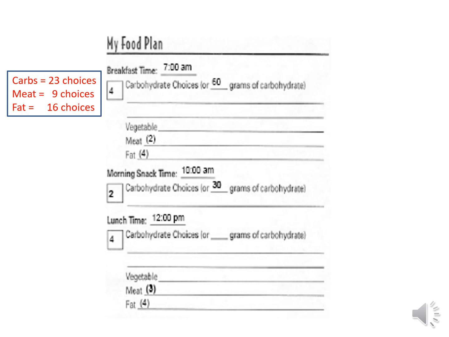I'm just going to even them out as best as possible. So that would give me 10 choices so far. And then I've got an afternoon snack, a dinner, and an evening snack that would give me 13 more choices to choose from. Okay? And you'll notice the meat and the fat, I've got those choices in parentheses.